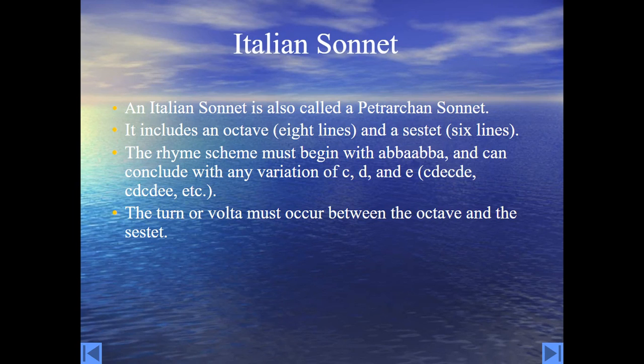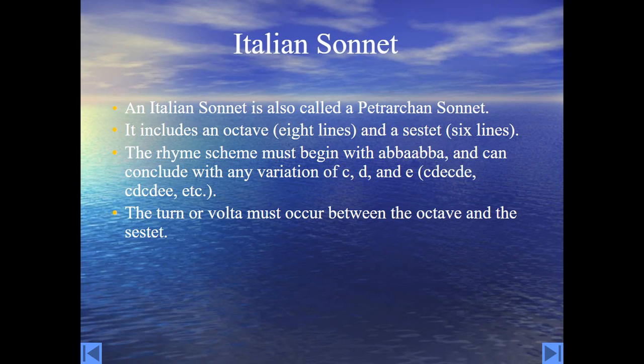So the first 8 lines, and then a sestet, which is 6 lines, of course. The rhyme scheme with an Italian sonnet is A-B-B-A, A-B-B-A. I tell my students it's ABBA, ABBA. And that is the octave. And then the last 6 lines, the sestet, can conclude with a variation of C, D, and E.